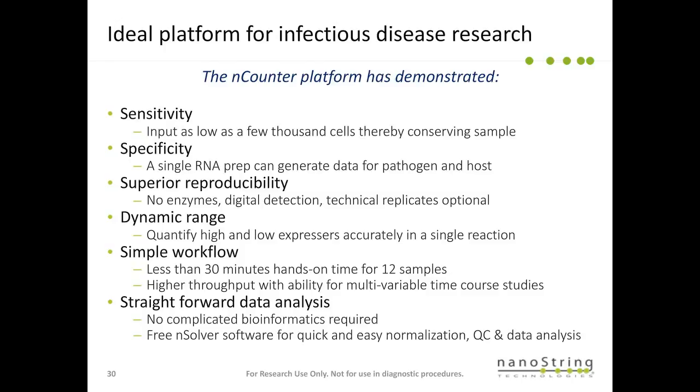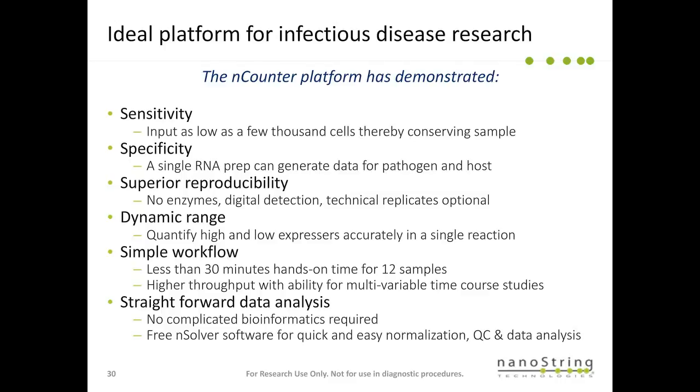Another important thing is that the system has a great dynamic range. We can accurately quantify genes from less than 100 copies to up to 1 million copies, so there's a 10 to the 5th dynamic range. You can assay both high expressors and low expressors in the same assay.